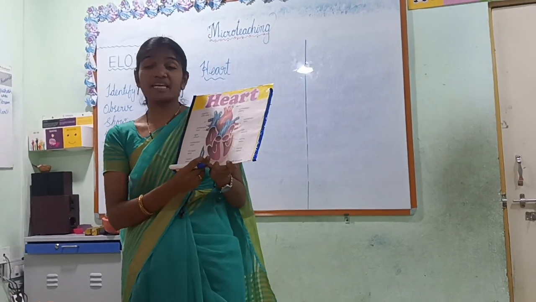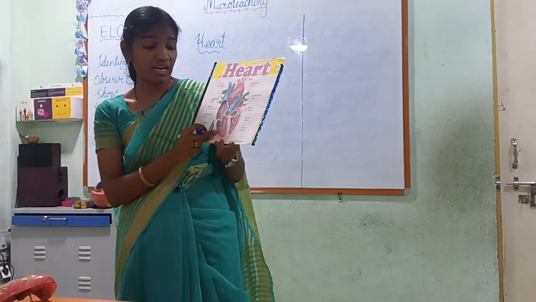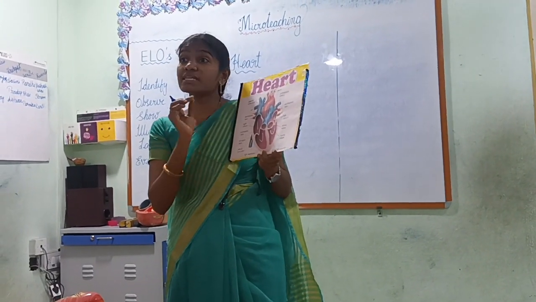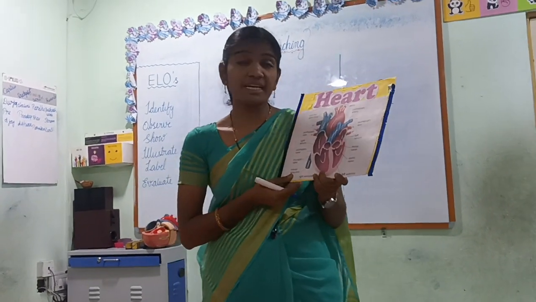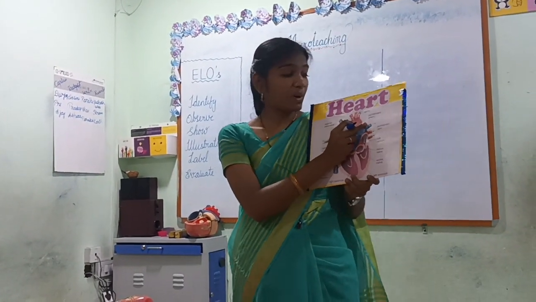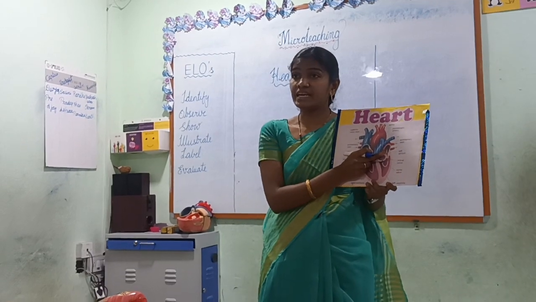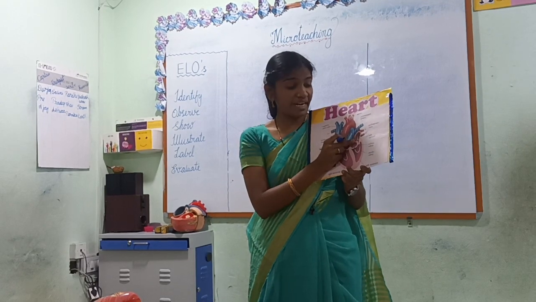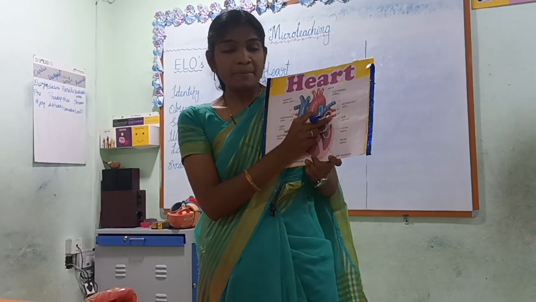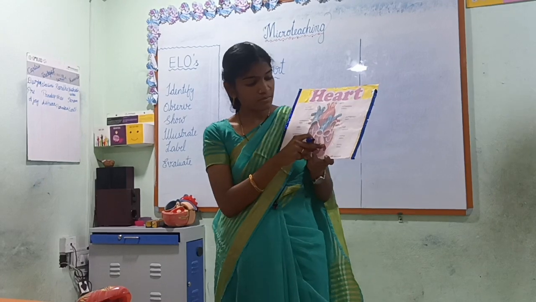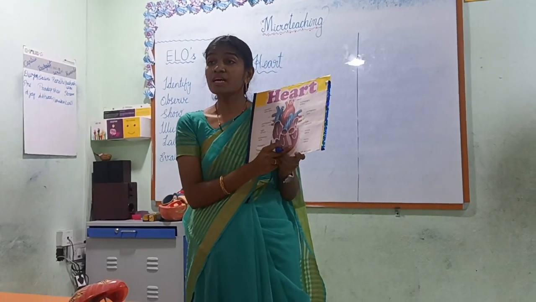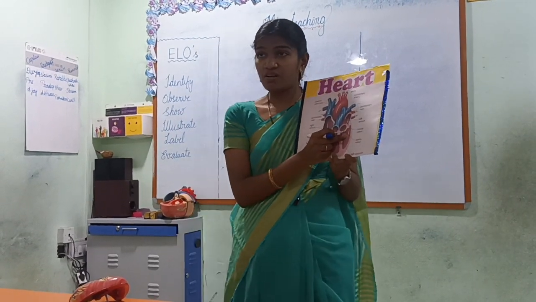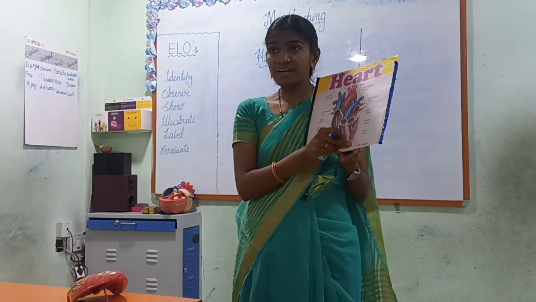The deoxygenated blood stored in the right ventricle travels through the pulmonary artery into the lungs to be oxygenated, and it travels through the pulmonary veins to the left atrium. Did you understand? Next, the oxygenated blood in the left atrium travels into the left ventricle with the help of the mitral valve, which means the bicuspid valve.